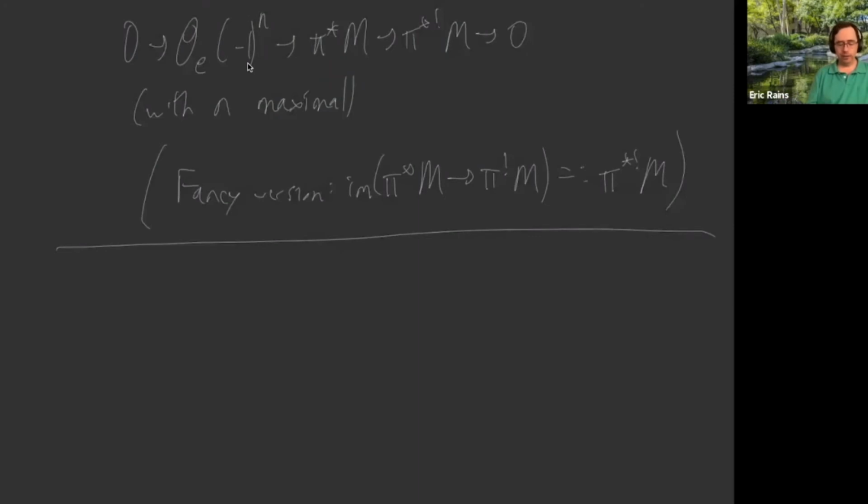And the key point is this short exact sequence. So what we see is that downstairs, the number of intersections between M and Q is the intersection number between the support of M and Q. And then we look at what happens upstairs.